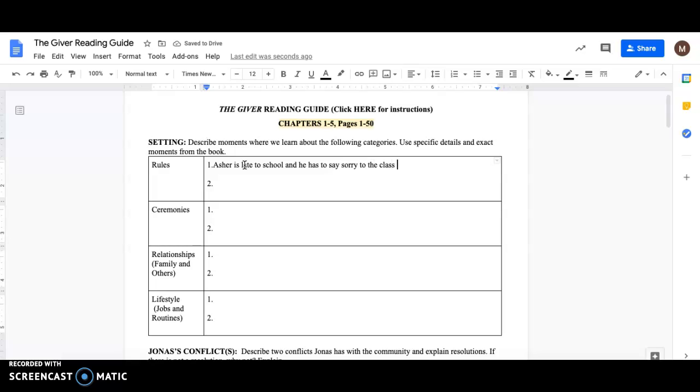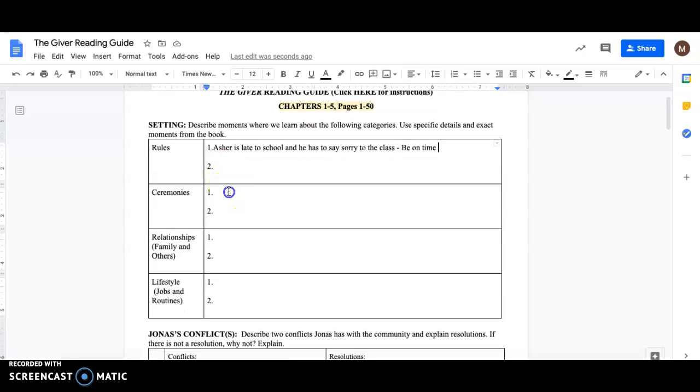So if you remember in this section, they were thinking back on Asher being late and he had to apologize to the class. So he broke a rule and that's what he had to do. So maybe the rule would be like be on time. Right? So we have specific details, we have a rule, and a character that kind of dealt with that rule in some way.